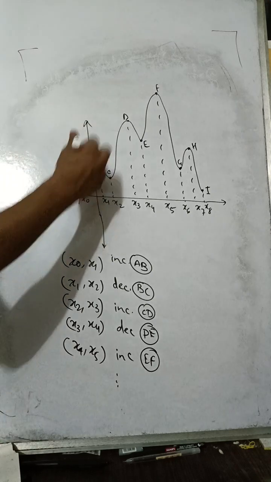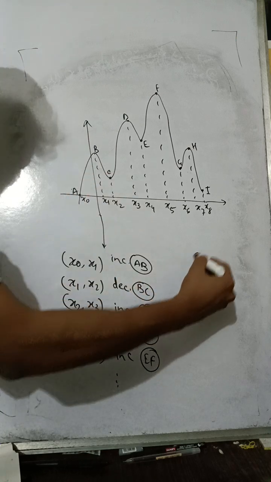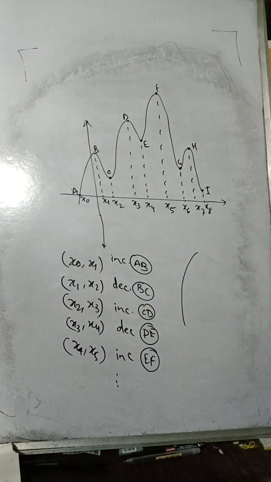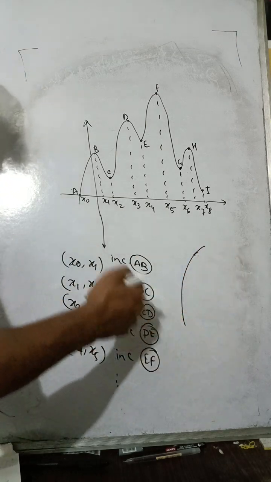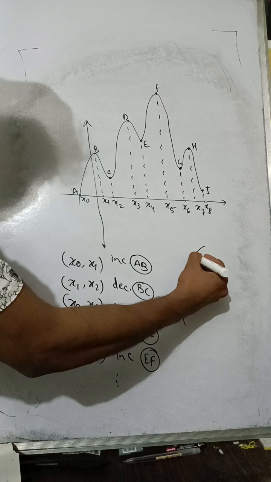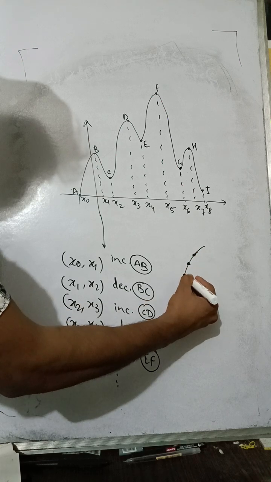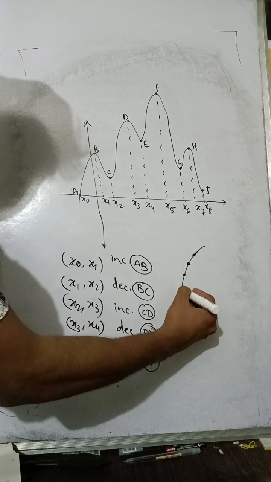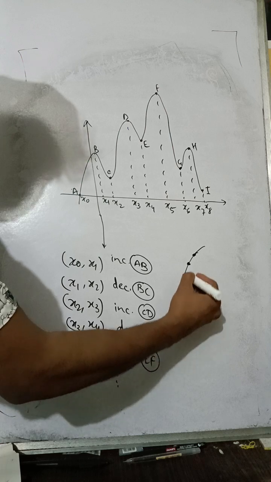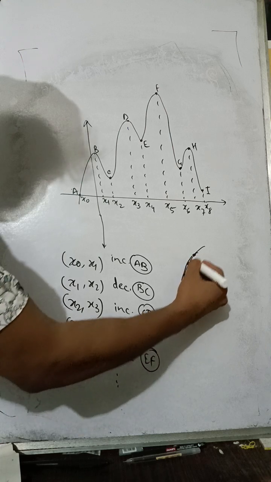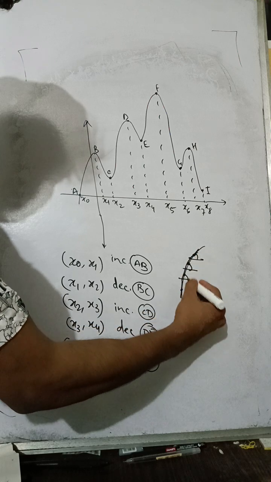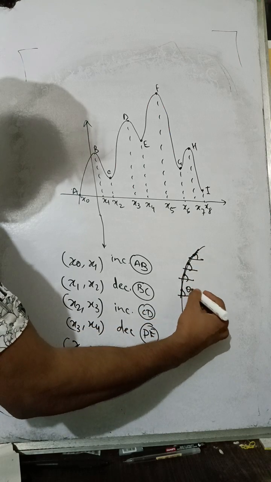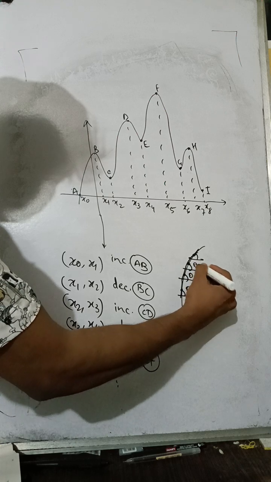So look, in the increasing region, what have you understood in increasing and decreasing functions? Like what is an increasing function? An increasing function is a function where all the points on the curve will form a tangent which is making an acute angle with the horizontal or the x-axis, like theta 1, theta 2, theta 3, theta 4.